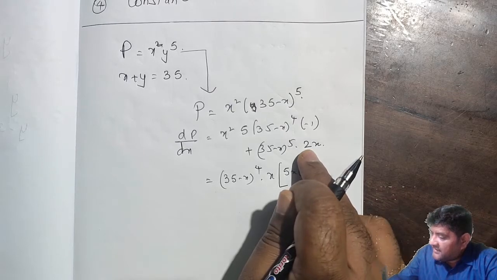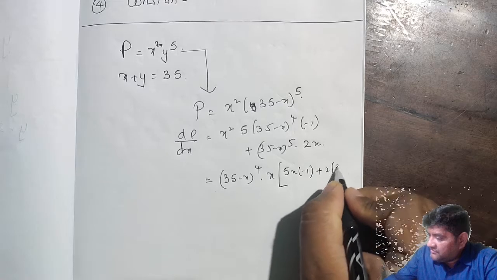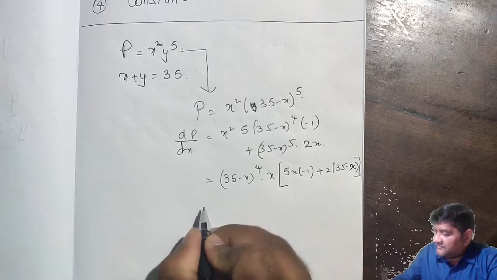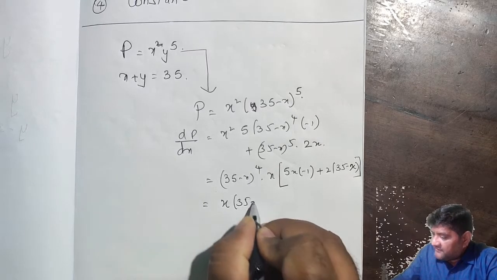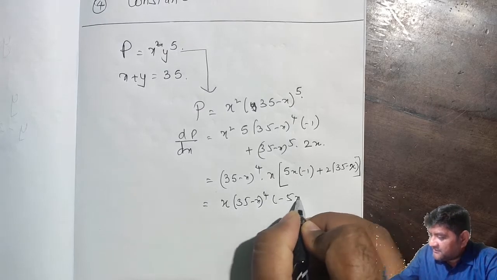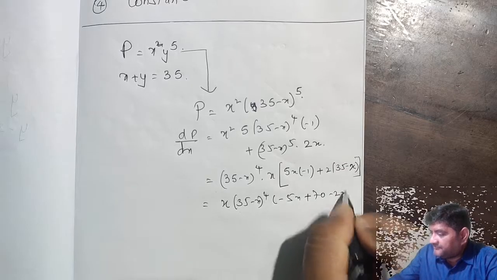And then from here I have taken an x common out. So I'll remain with a plus 2 into 35 minus x. You can simplify this further. So x into 35 minus x to the power of 4, and then minus 5x plus 70 minus 2x.